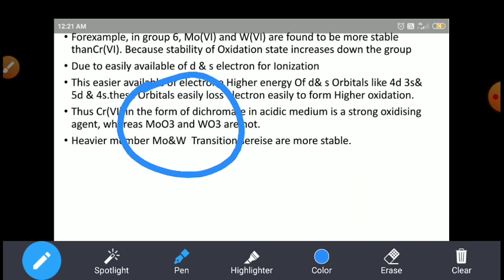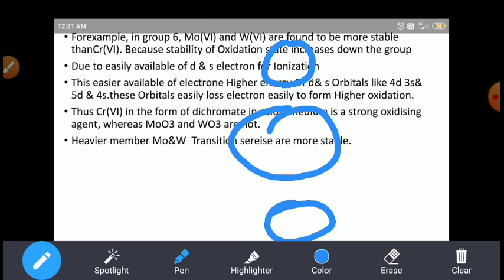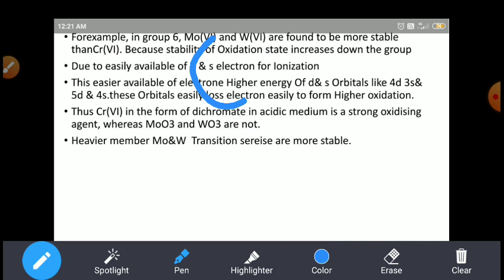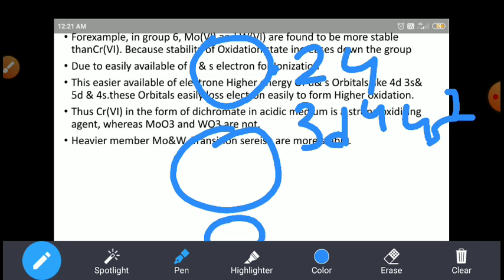Because of the chromium size, look at here, when it attains the oxidation state: scandium, titanium, vanadium, chromium, 24. So it means the 3d and the 4s2 electrons.